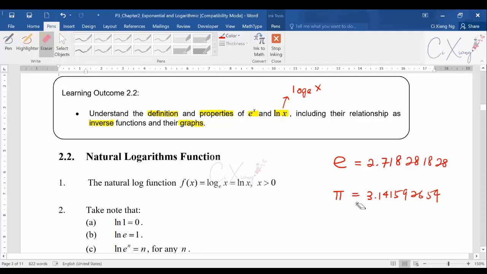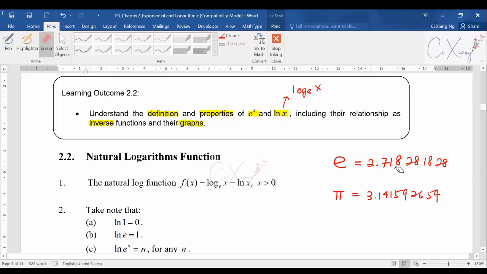So why do we have e here? It is because when they tried to do the differentiation for the log function, they realized that the process is quite complicated. Also for integration, the same thing. When they did the integration for the log function, they realized the answer is quite complicated, with something left over like this number.